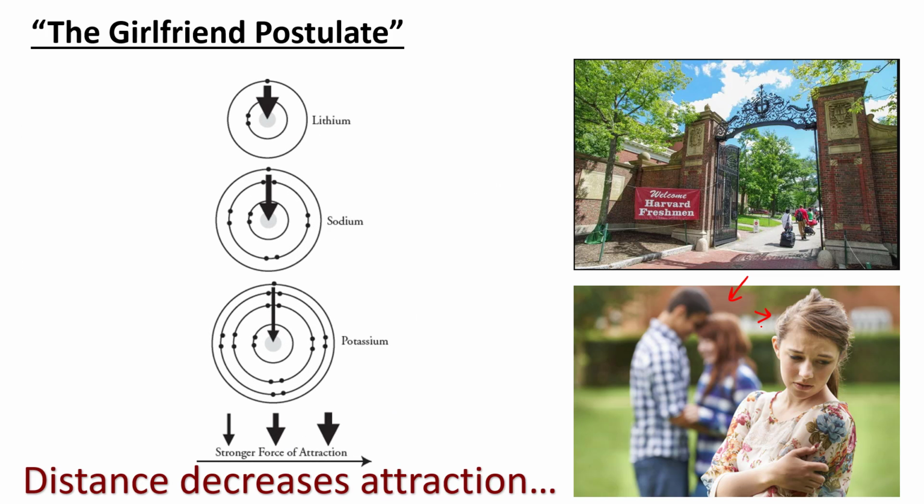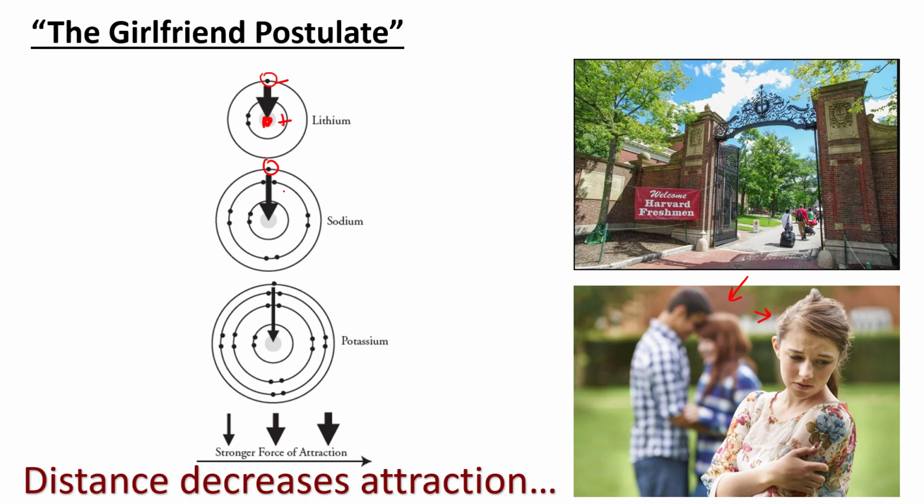And that's exactly what we're seeing here in this model that we saw in the POGL, where if you take lithium, for instance, lithium's valence electron is in the second principal energy level, and it is relatively close to the nucleus, so there is a strong coulombic attraction between the positive nucleus and the negative electrons that are here. When you go to sodium, sodium's valence electron is another principal energy level out.